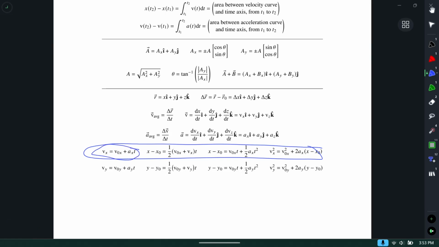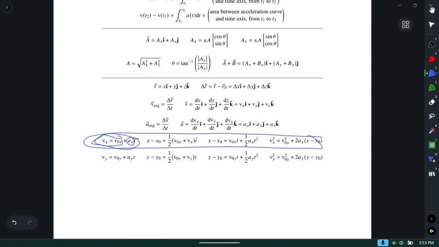It doesn't give me x, so maybe it's not a great candidate, but there's another reason it's not going to be super helpful. Since ax is 0 for projectile motion, this equation's really just telling me final equals initial. I already knew that. So I might move to this one and say, okay, maybe I could use this, but I need to know the time. So still not quite there. I look at this one. I say, all right, again, could maybe use it, but need to know the time.